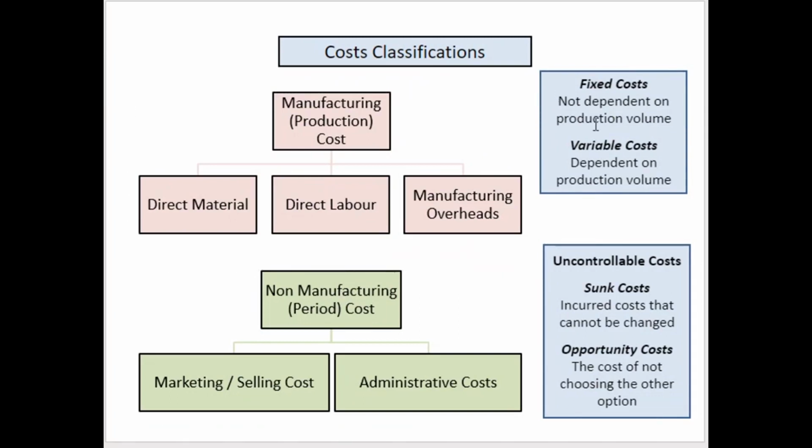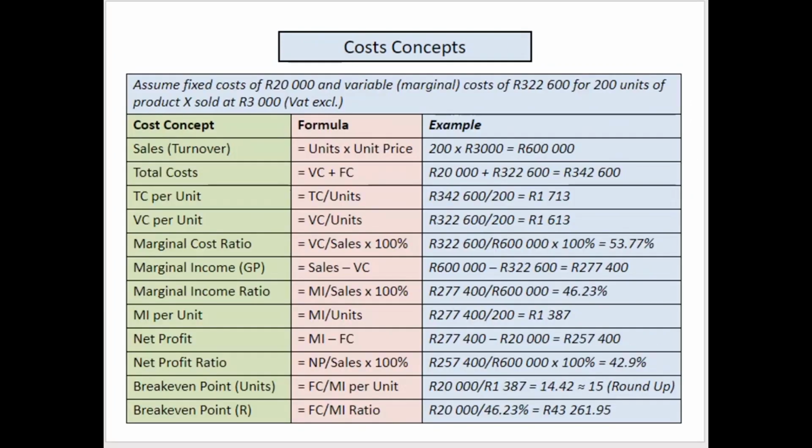So in our cost calculations, we make use of the simple classification that simply distinguishes between fixed cost and variable cost. Now, our fixed cost was given. It's 20,000 Rand. And our variable cost was also given. It is 322,600 Rand.